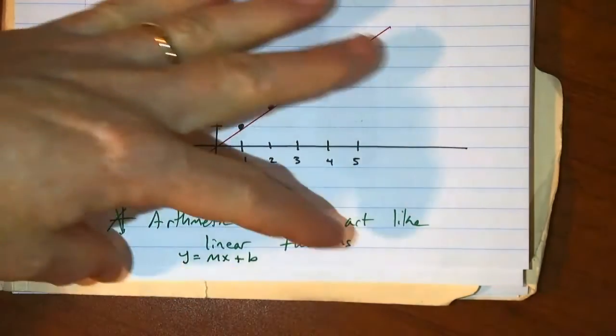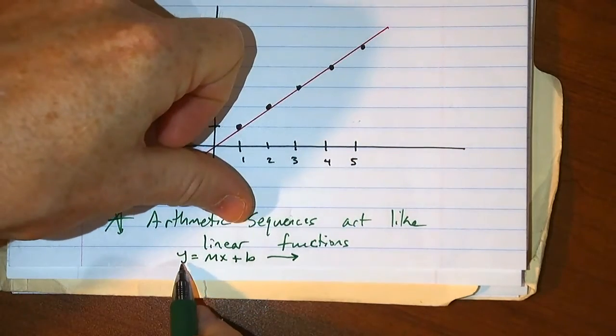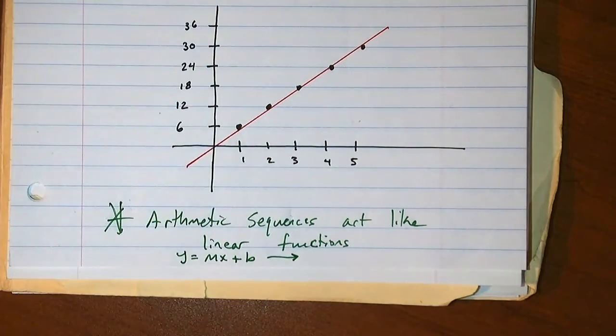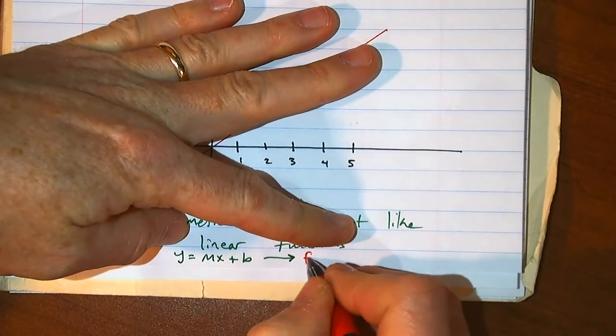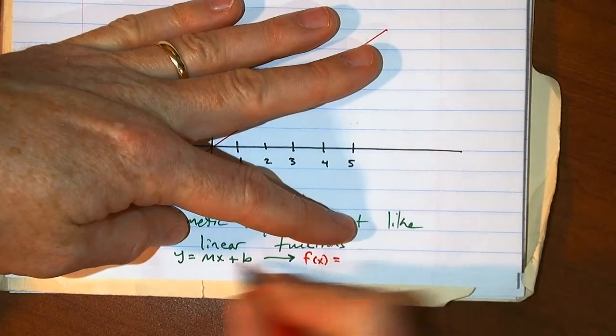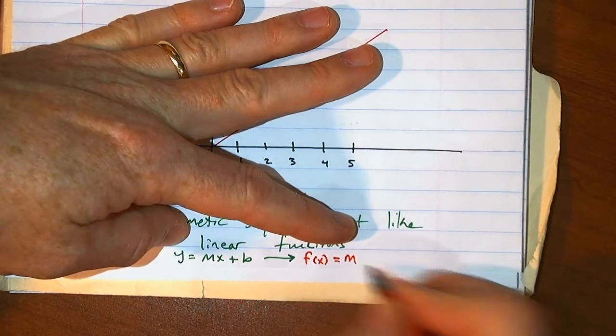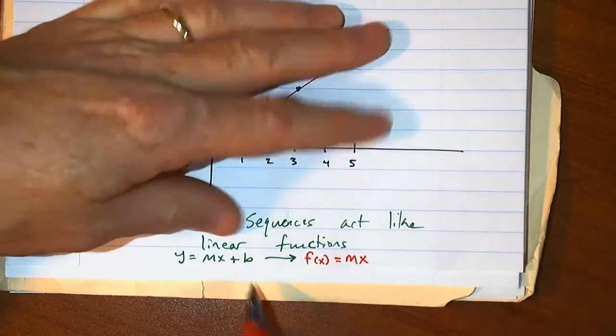Okay, now think about what that means. In function notation, y is the same as f of x. So this would be our equation notation. M is the slope, right? So that's going to still be m. x is what we're plugging in. That's still x.